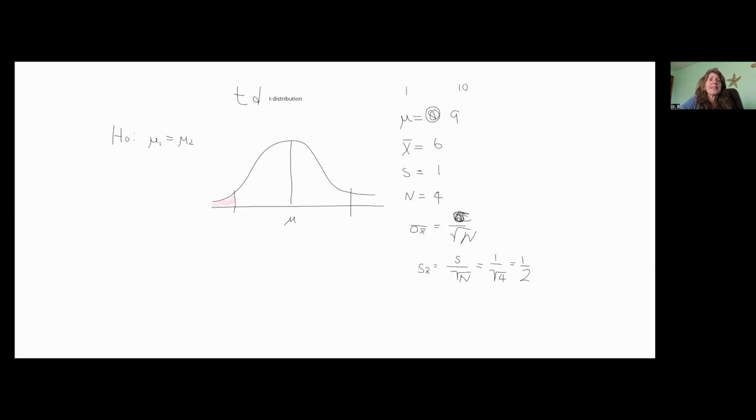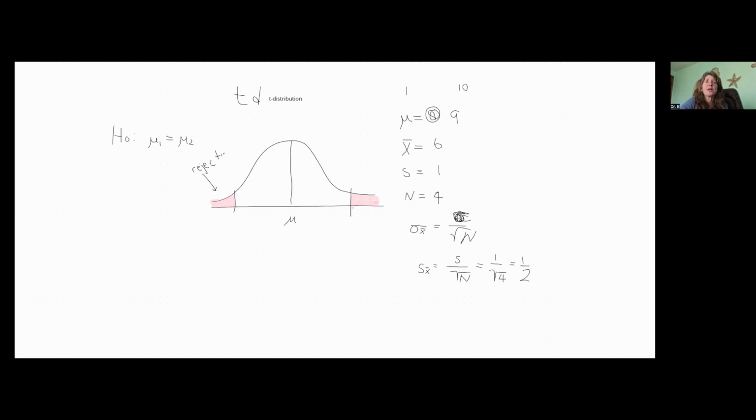If we collect the data and we calculate the t-test, and we go with the assumption that the null is true, we're going to have this area that we're going to mark off as, yep, if the t-test falls in this area, this is too extreme. We can't just say it's because of sampling error.